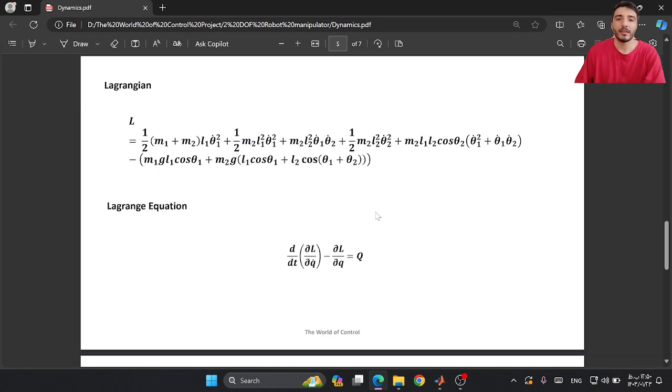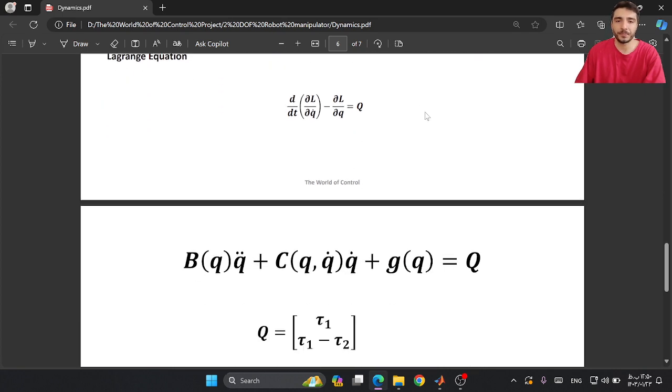We know that the Lagrange equation is like this equation here, that the Q here is our generalized forces, and we need to take some derivatives here and extract our equations.